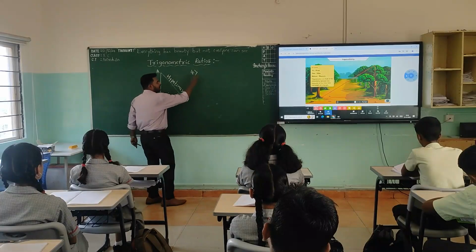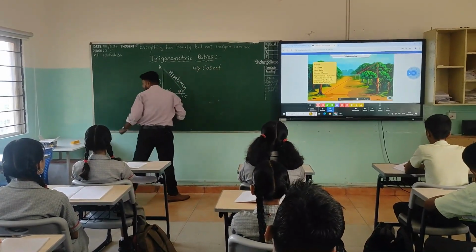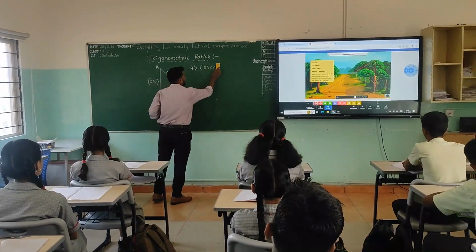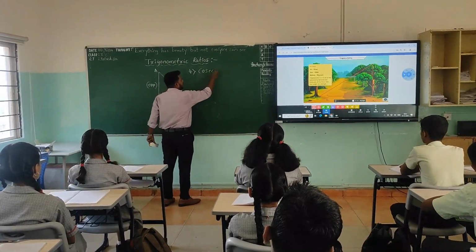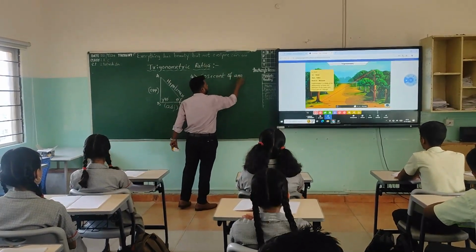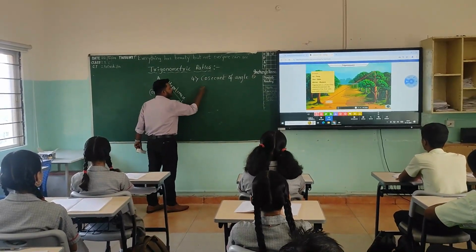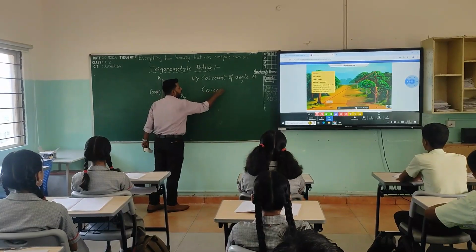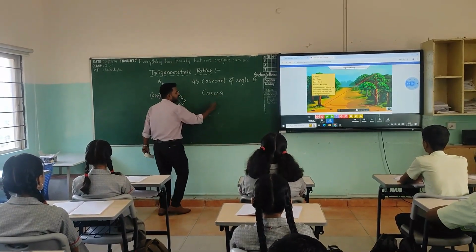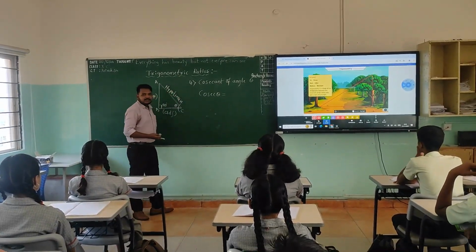So the next ratio is the cosecant of angle theta. We write it as cosec theta, which is just the reciprocal of sin theta.